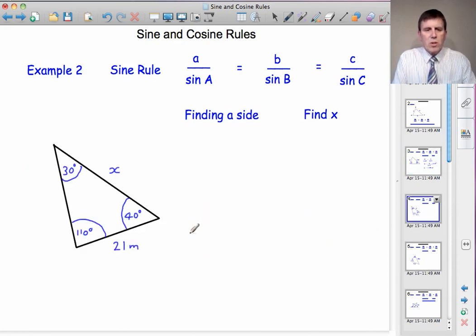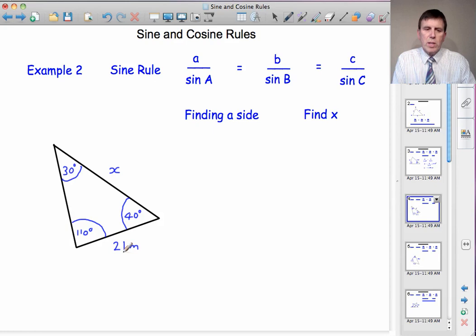This time I've marked on all 3 angles. You'll see they add up to 180, 110 plus 40 is 150, plus 30 is 180. The question is, which angles do we use to find x? Well, we need to know a complete opposite pair.